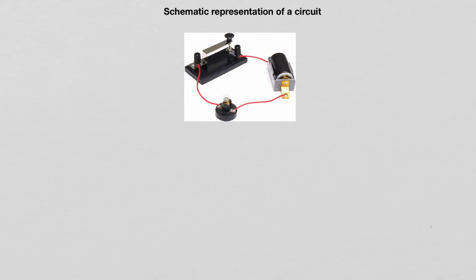Here is an example of an actual real electric circuit where we have the power source, which is a battery, we have the conductors or the wires, we have the load, which is a light bulb, and then we have a switch that opens and closes the electric circuit. This is an example of an extremely simple circuit which has one power source and one load.